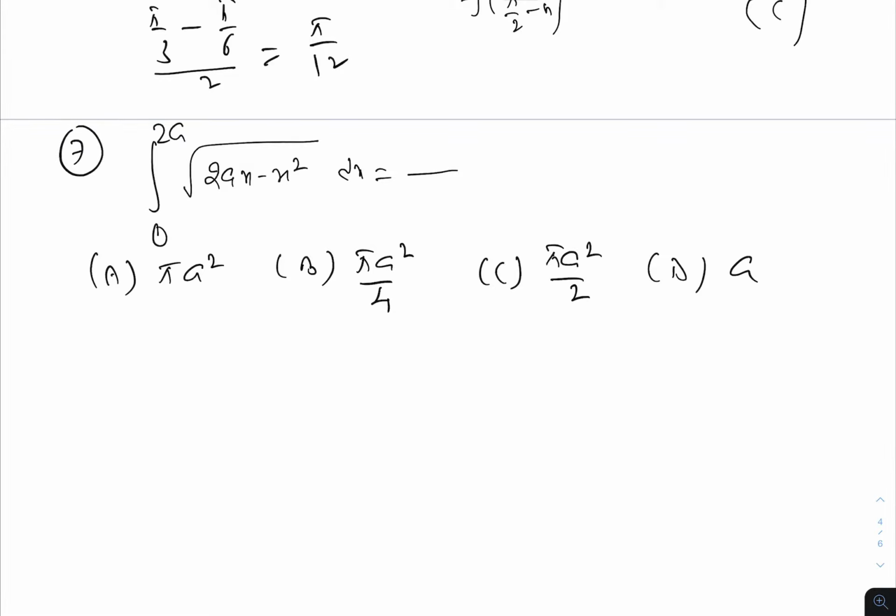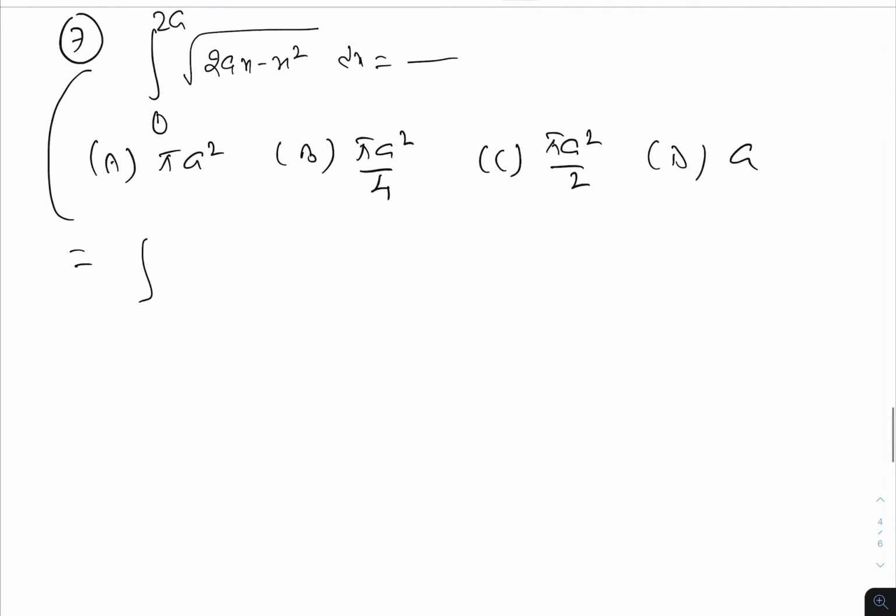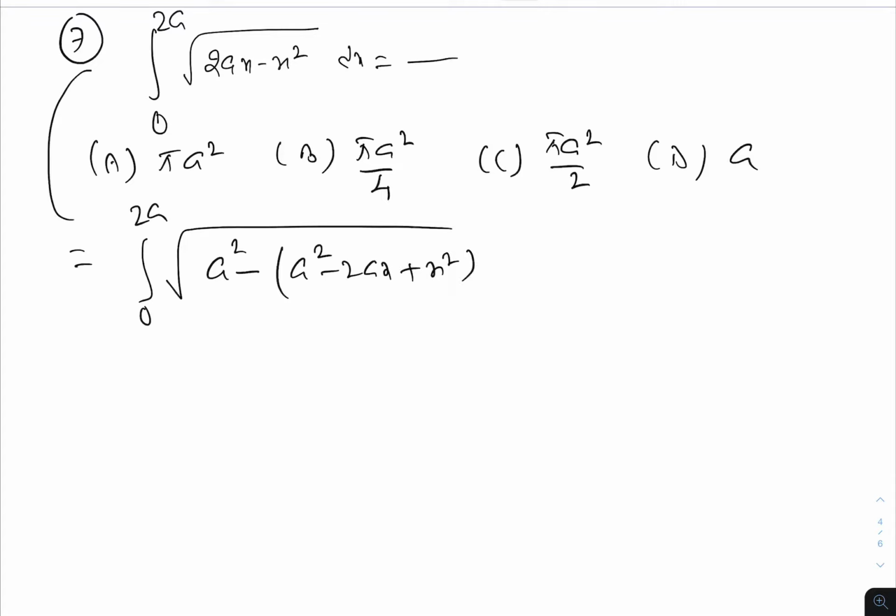So, this can be written like this: integration 0 to 2a. Can I write in this way? And if you have some practice, you can easily do it. Like a square minus a square minus 2ax plus x square.